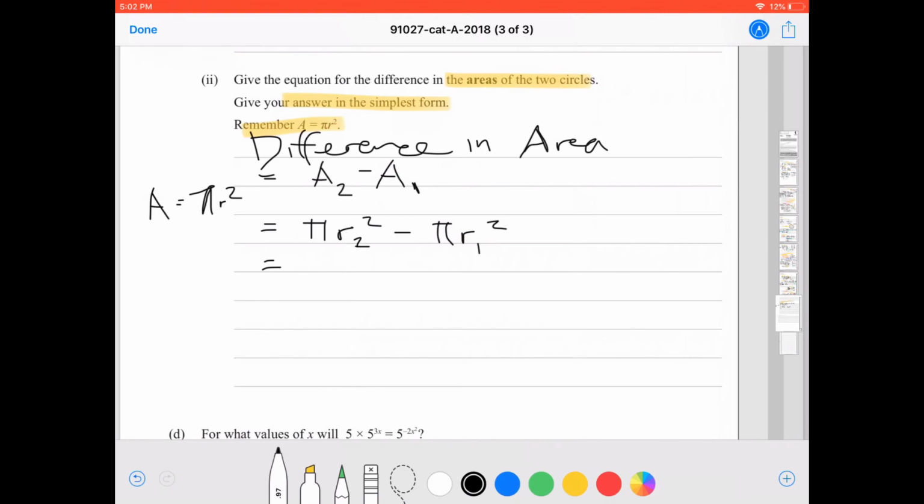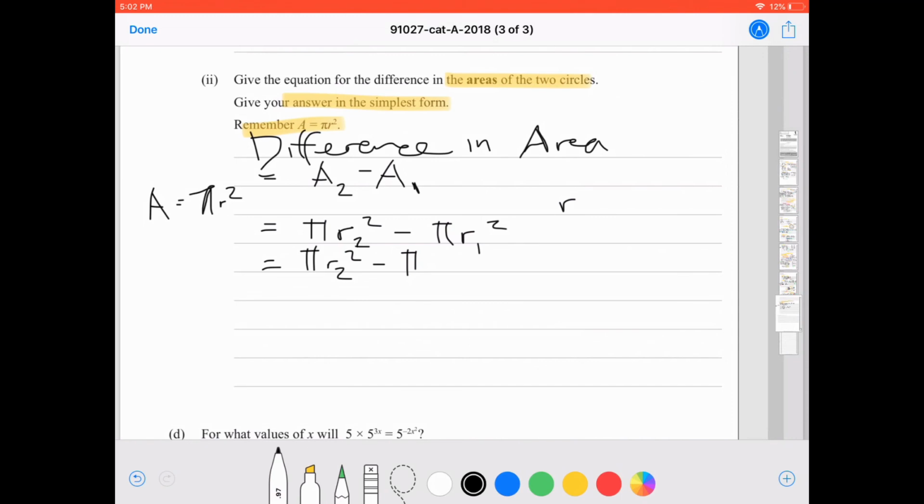and so we could say pi r2 squared minus pi, and now it gets difficult. It gets difficult to understand where to make progress. This R1, well, let's look at our thing from before.